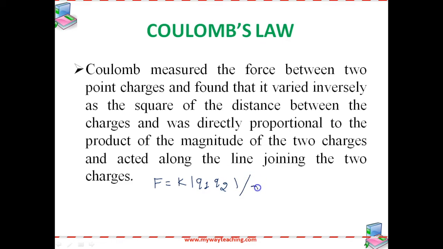Now we got the value of K, so after substituting the value of K, and here this epsilon naught is called the permittivity of free space.